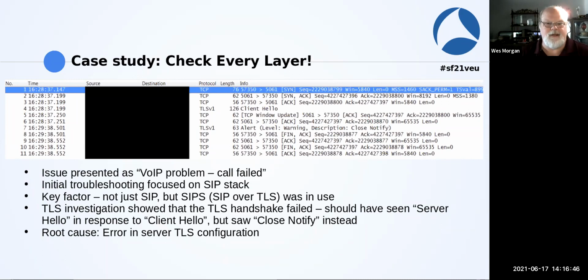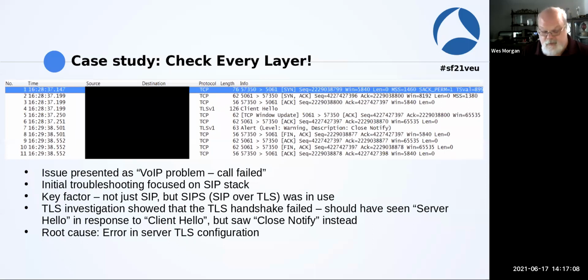So this is a really good example of the fact that you cannot just assume your problem lies at the application layer. And I'll also say that from a networker's perspective, we look at this and we don't see TCP/IP errors.